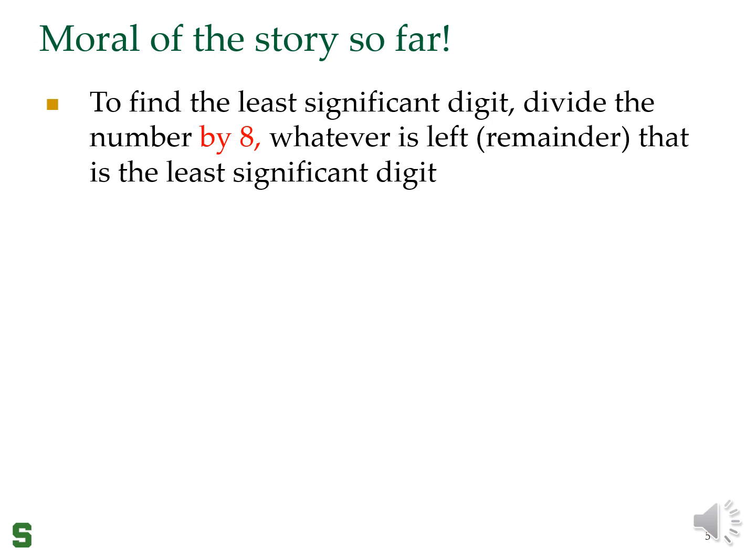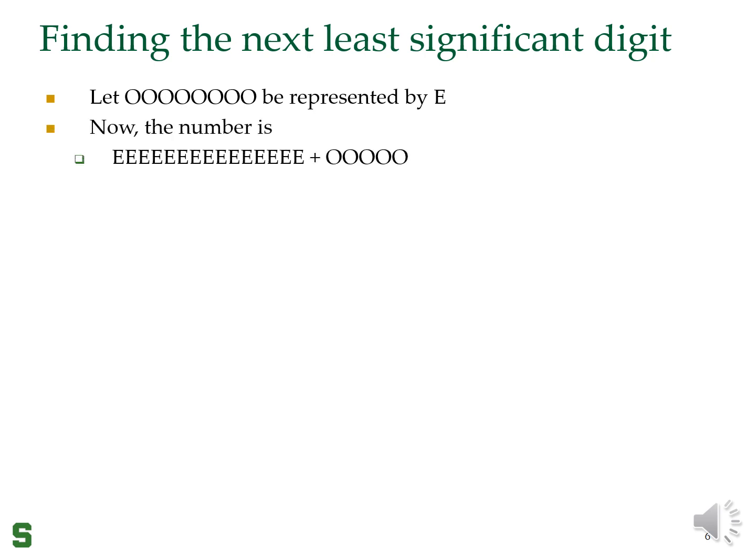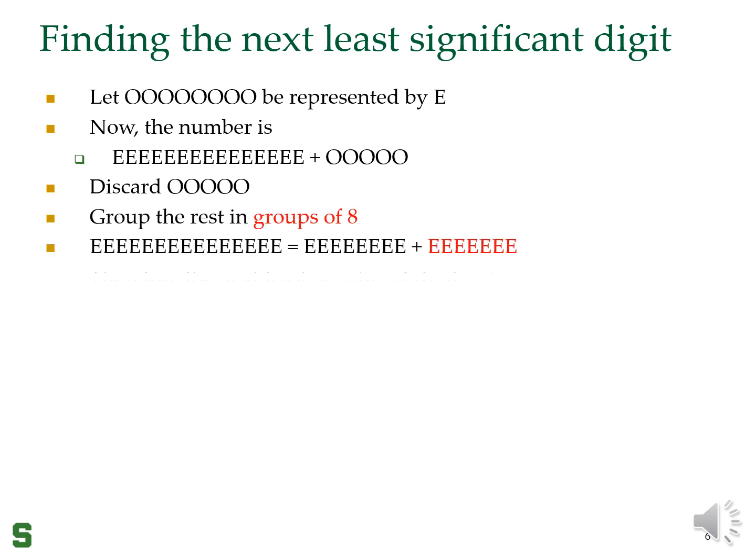Once again, the moral of the story so far is I'm going to divide the number by 8. Whatever is left, that's the least significant digit. If I want to find the next least significant digit, I'm going to represent the group of 8 ones by a symbol, write the number as these many groups plus ones, discard the ones, and group the rest in groups of 8, and that will give me that the next least significant digit is 7.